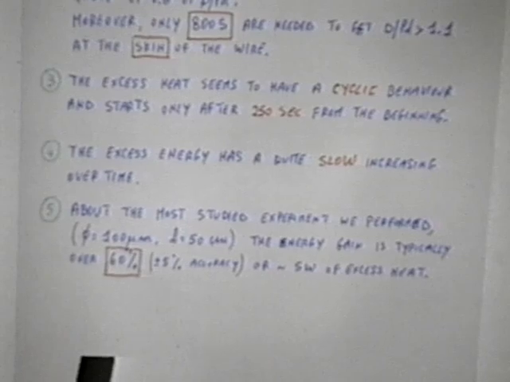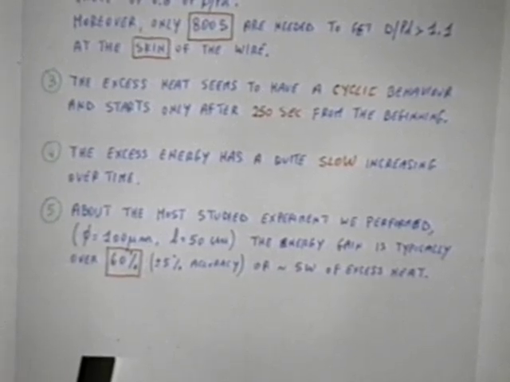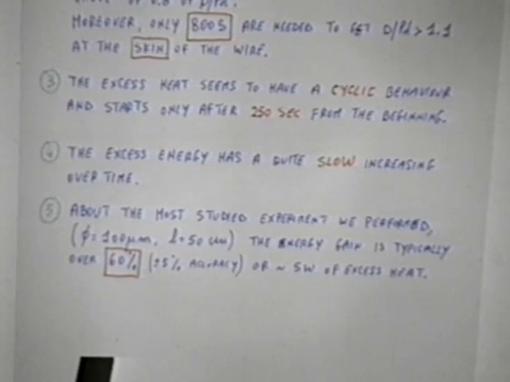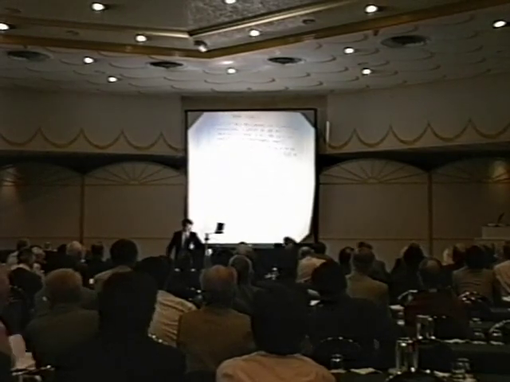The most studied was with diameter of 100 micron, 50 centimeter length, and we get at least, in the worst condition, excess energy larger than 60%. Several times we get 150% or more, but the worst condition is 60%. And the output power is of order 5 watt, so macroscopic level.